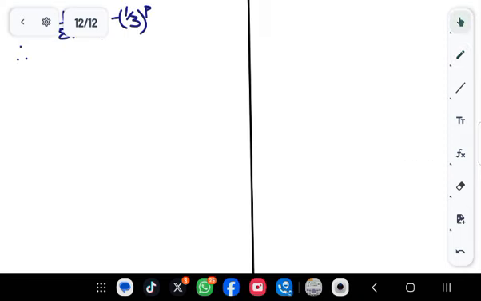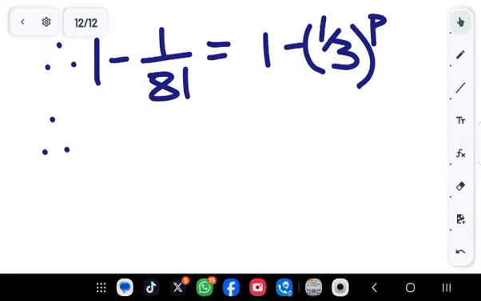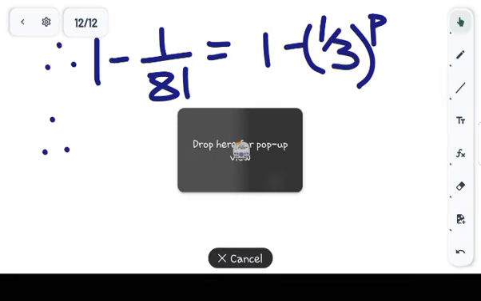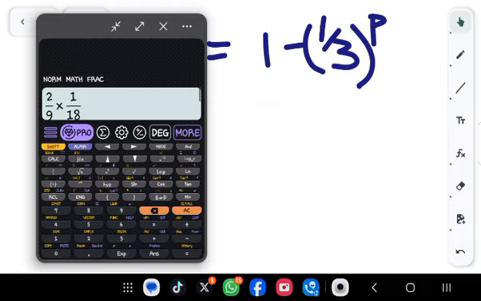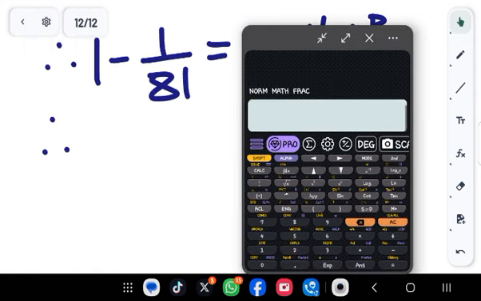Now 1 minus 1 over 81, take out a calculator. One minus 1 over 81. Alright, that gives us an answer of 80 over 81.